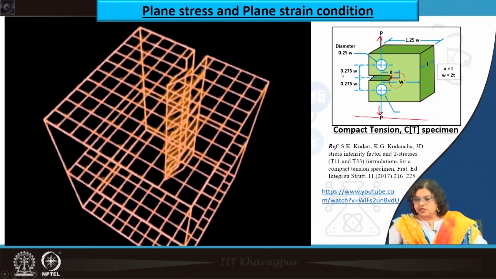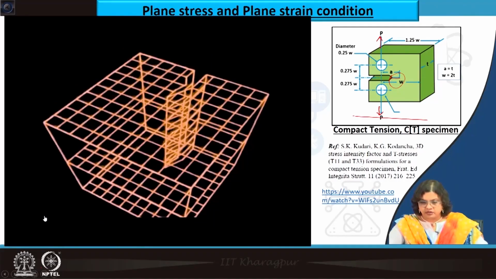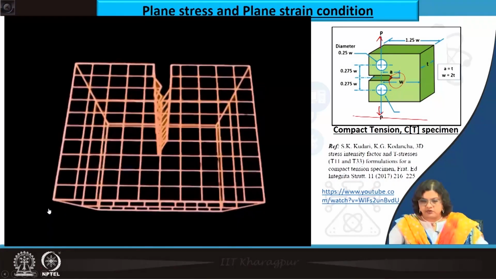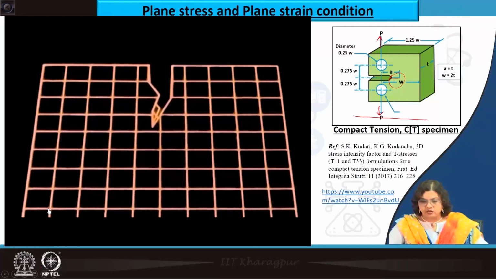So, we have seen that in actual practice, when we have a component like this, how we can see the crack propagation behavior. So, this is a 3-dimensional component which is having a crack in it, and we can see how the crack grows.